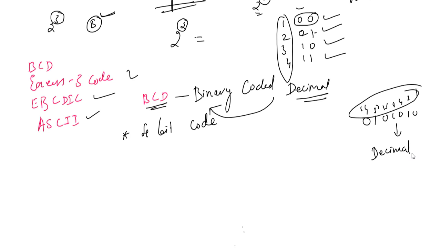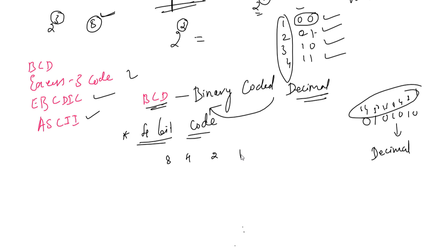This is the same thing we are doing here, but for binary coded decimal you have to use only 4 bits. You remember this, only 4 bits, so the weights for BCD are 8, 4, 2, 1. How many representations can we make?